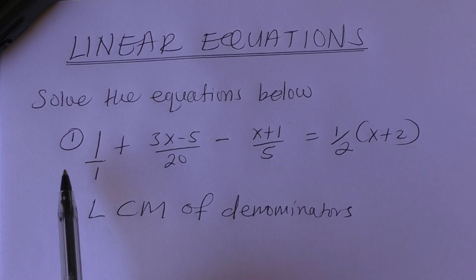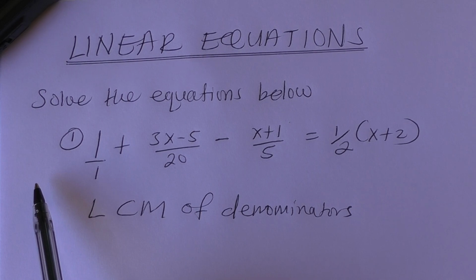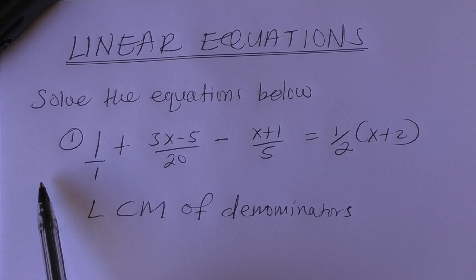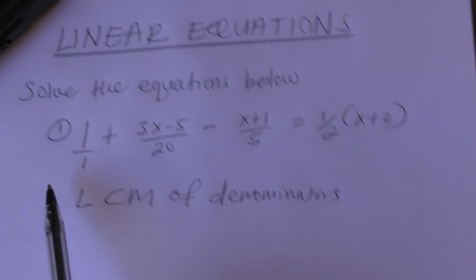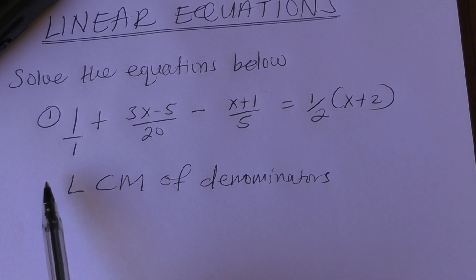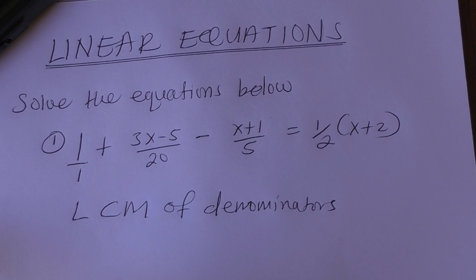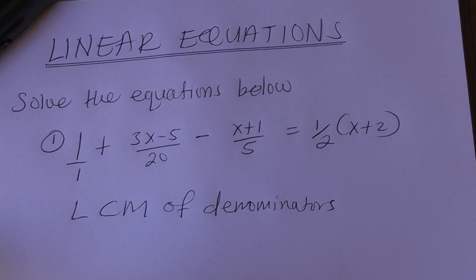Otherwise, last time in our previous lesson, we looked at what linear equations are and how we solve them. To remind ourselves, linear equations are equations with one unknown of the first degree.